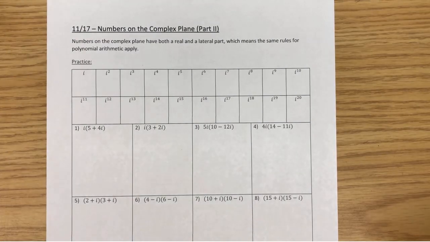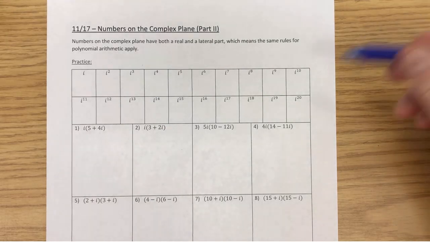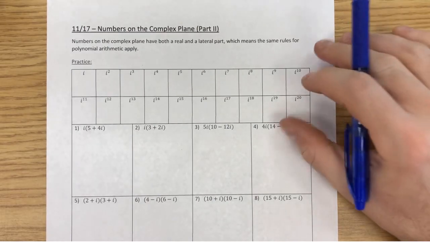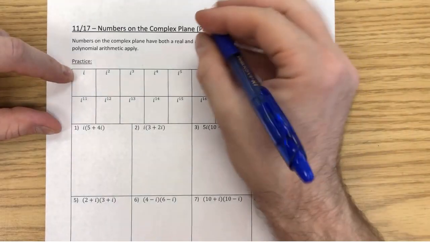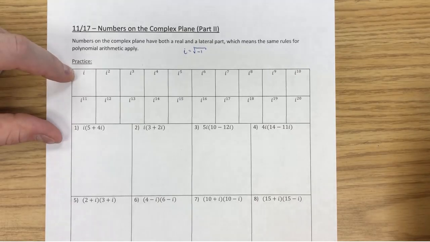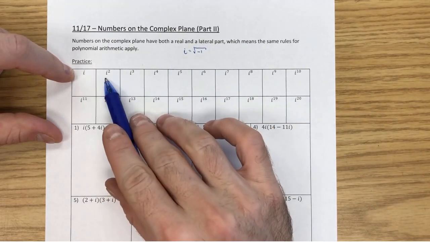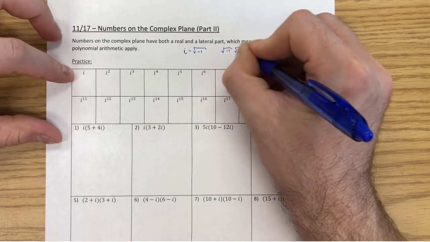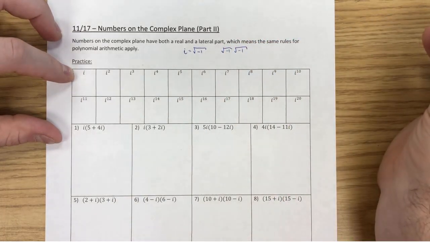So today what we're going to be looking at is numbers in the complex plane, mainly what we call our i tables. Now our i tables, what we've got here is i up to the 20th power. We're going to know something very special about that. Remember, if we know that i is equivalent to the square root of -1, what we know is that when I multiply i times i, I'm going to get the square root of -1 times the square root of -1.